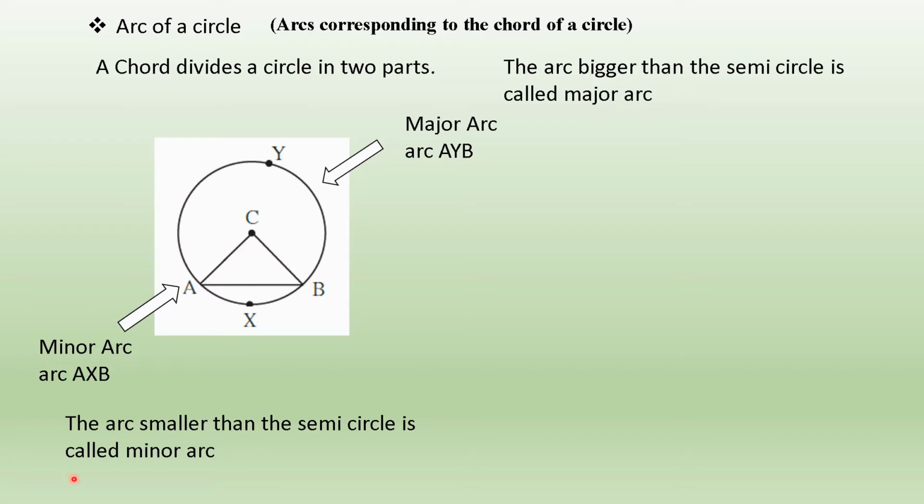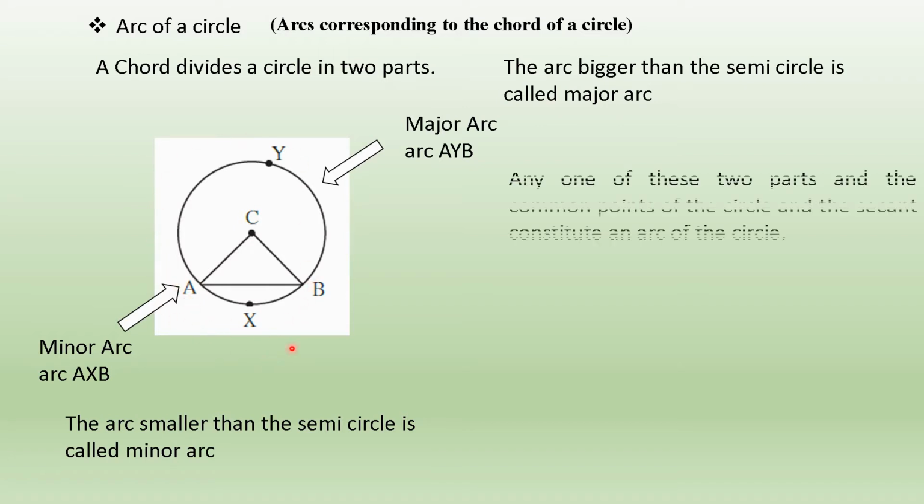The arc smaller than the semicircle is called a minor arc, and in this figure, AXB is the minor arc. Note that to represent the arc, we use a three-letter representation. Hence, here AYB is a major arc and AXB is a minor arc.